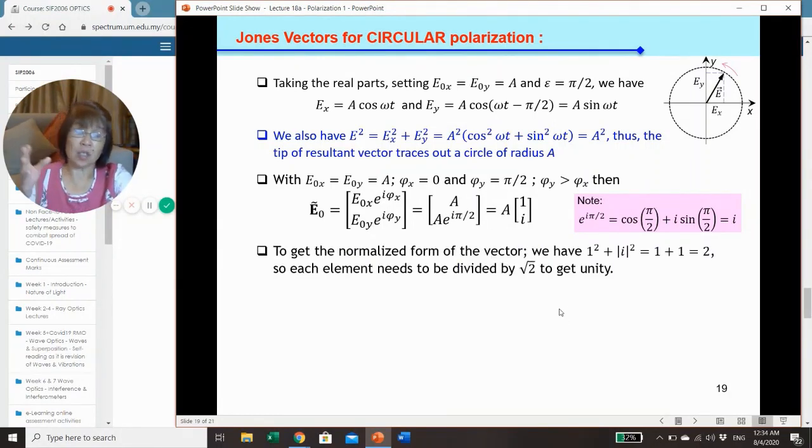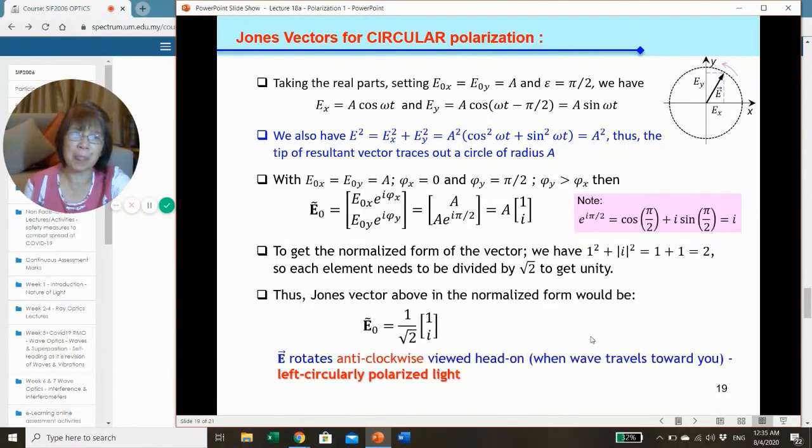And we want to get the normalized form. The element here squared plus this one squared must equal 1. But when we do that, you'll find that it equals 2. So the way to get these terms to be unity is to divide each of these terms by root 2, the root of the sum here. Because we only want the state of polarization, we just look at what's inside the vector.